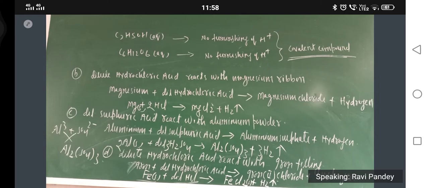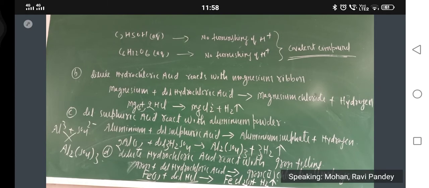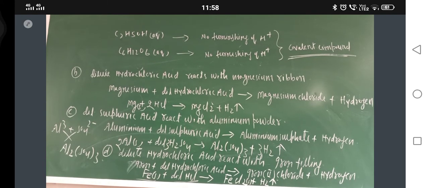Let us move toward question number 7. Why does distilled water not conduct electricity, whereas rainwater does? I think I have explained this question. Distilled water does not contain ions. Rainwater contains dissolved gases like carbon dioxide. First understand the question.